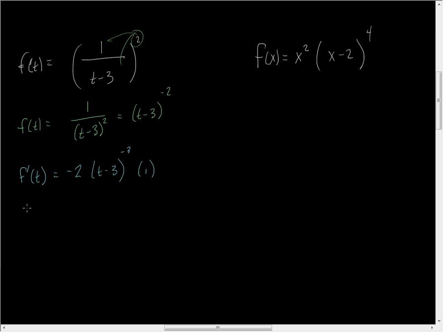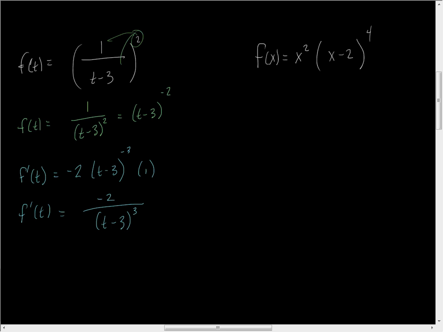So again, cleaning this up a little bit, we have negative 2 times 1 is a negative 2 on the top. The negative exponent tells us to flip it and then change the exponent to a positive. So we have negative 2 over the quantity t minus 3 cubed. That's the derivative of f with respect to t.